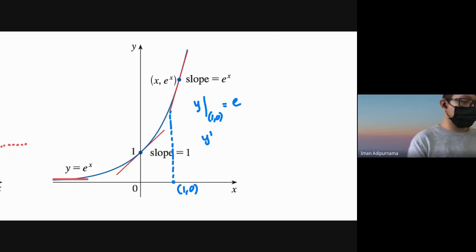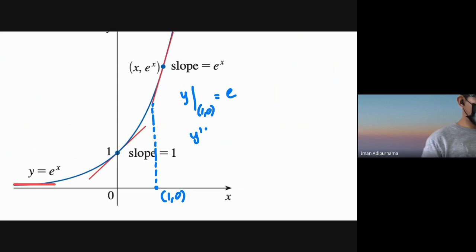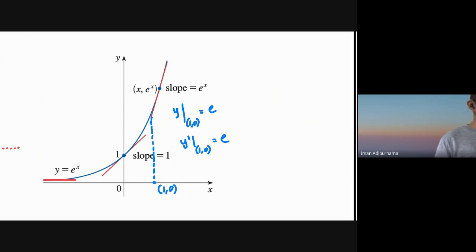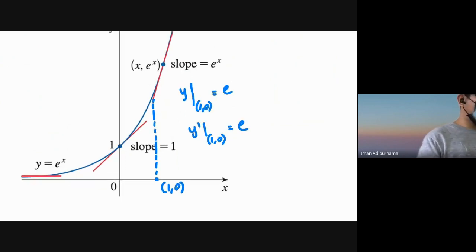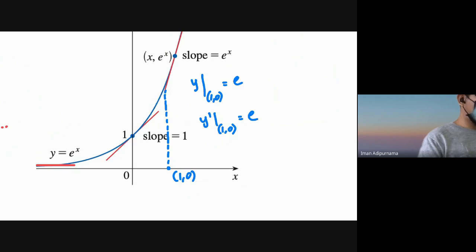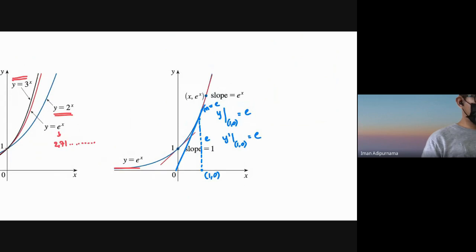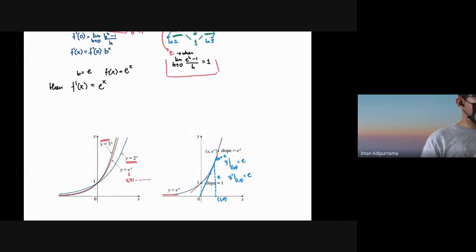Y prime, the tangent at 10, is also e. So one of the unique properties of e is that when you differentiate e to the power of x, it will be the same as the original function.